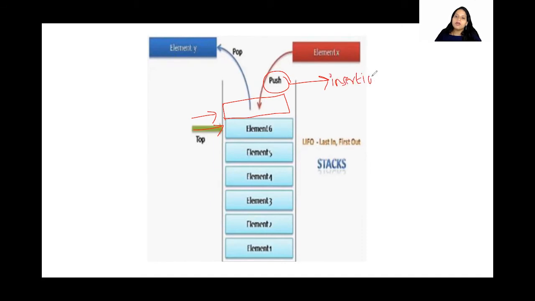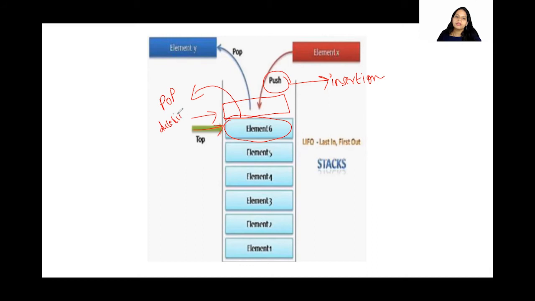Okay, now if I want to remove one data item from here, suppose I'm removing element 6, then I'm going to do the pop operation. So pop operation is nothing but deletion or remove.